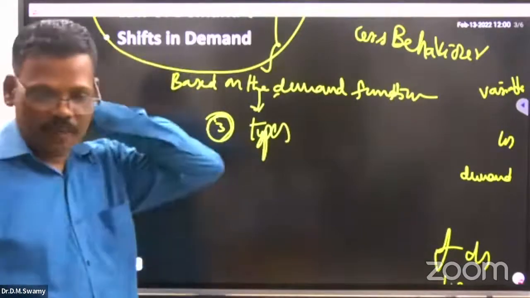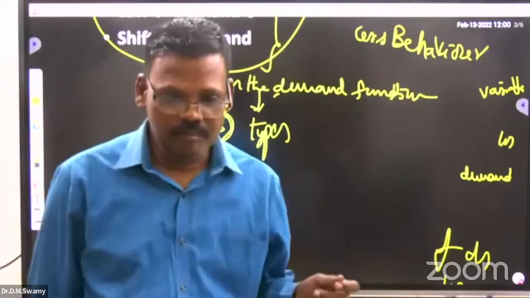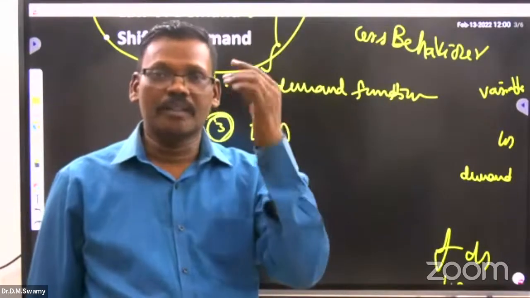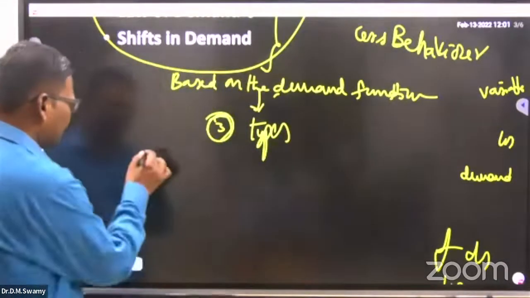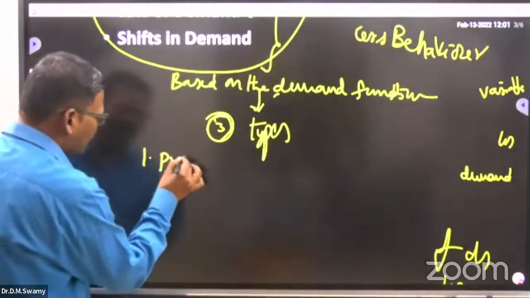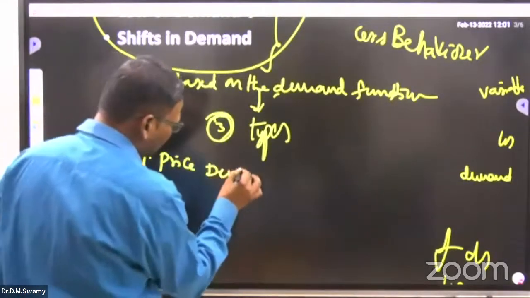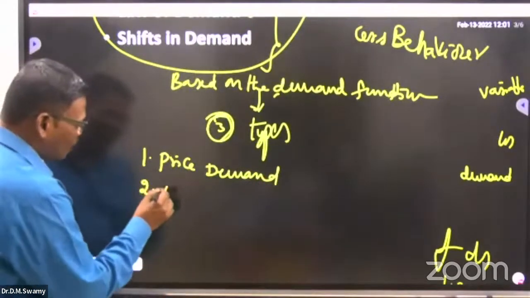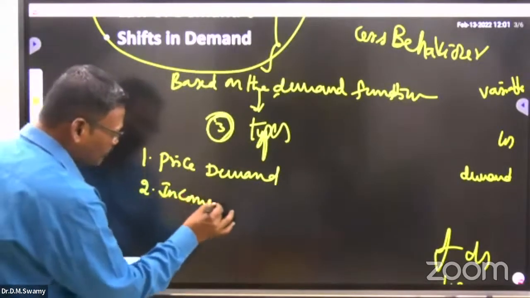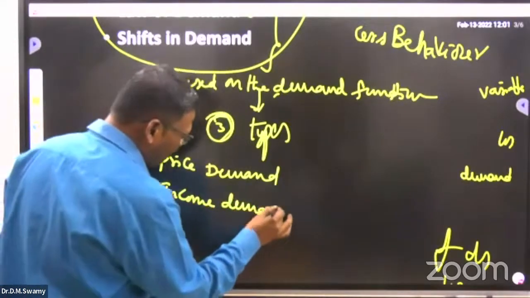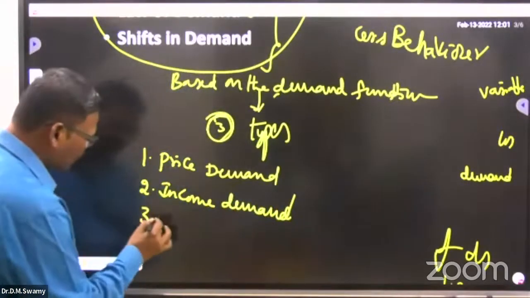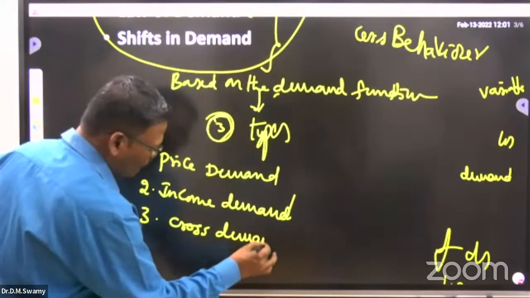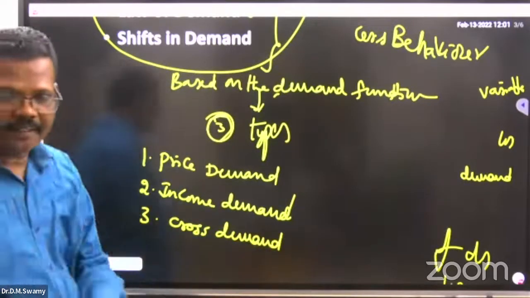Demand can be divided into three categories. That is, one is price demand, the second one is income demand, and the third one is cross demand.